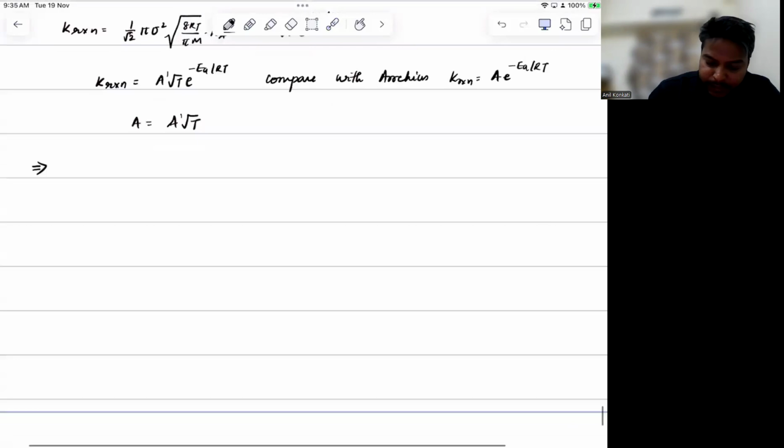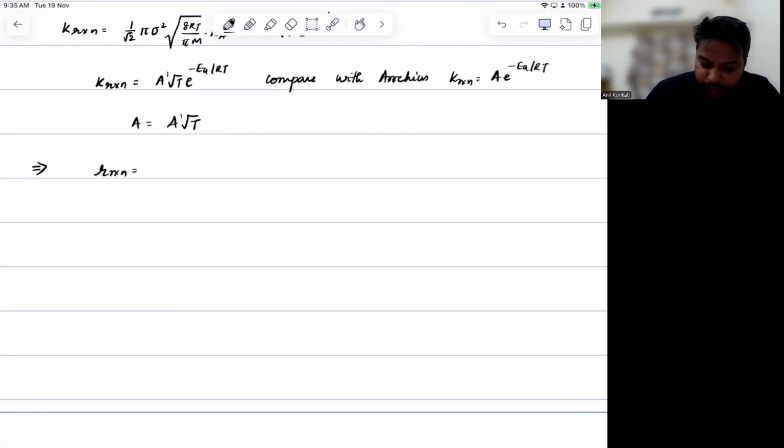See how we can address it. Rate of reaction is equal to Z11 into e raised to the power of minus Ea by RT, which is a fraction, into, we need to add one more factor, which is the steric factor.